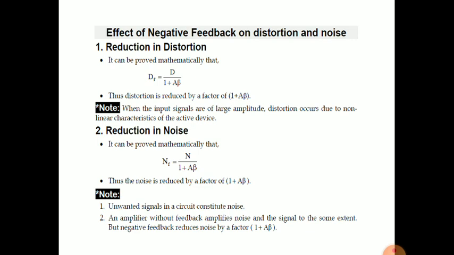They are unwanted; though they may be useful, if in that particular circuit we don't want that particular signal, then it can be considered as noise. An amplifier without feedback amplifies noise and the signal to some extent, but negative feedback reduces noise by a factor of 1 plus A beta.